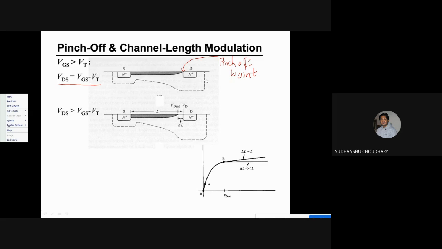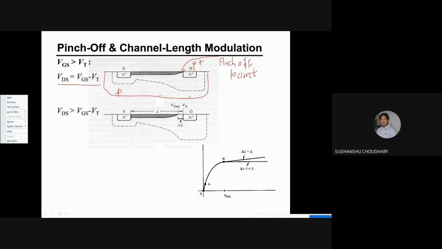And you will also notice the depletion region under the drain side. Because you are increasing VDS, and since you have a MOSFET where the substrate is P type, if you are making VDS positive, then obviously you are applying reverse bias on the drain bulk junction.